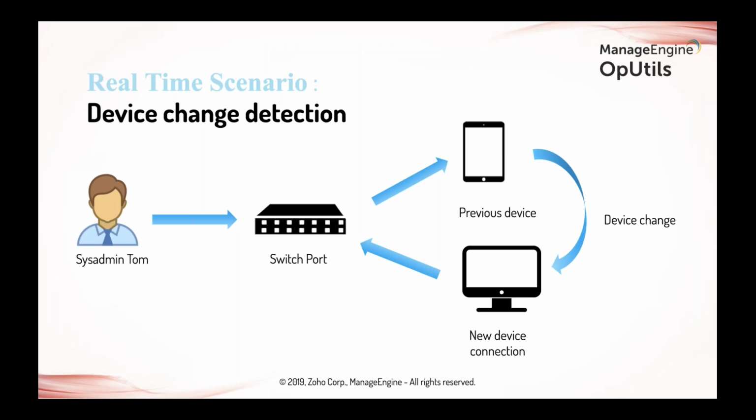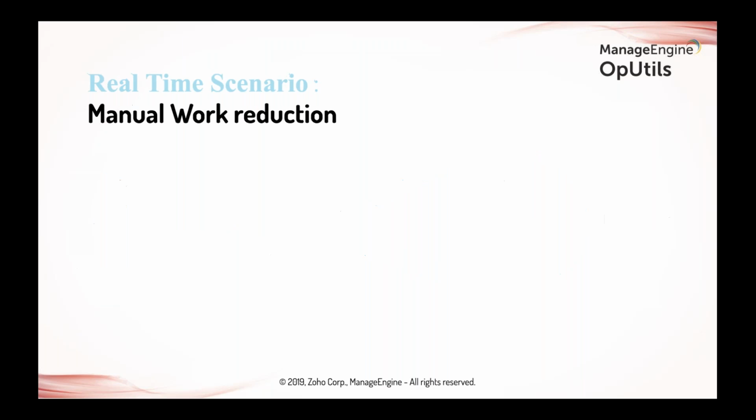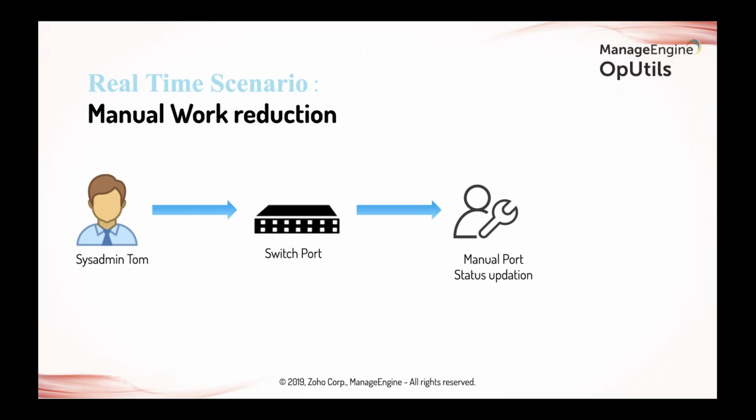At that time, the historical data, which represents when this port change happened and from which device to which device, will allow a network engineer to keep track of all the port changes that have happened. And instead of performing all these steps manually, Switch Port Mapper, which is a feature of OpUtils, allows you to do all these tasks automatically and with ease.